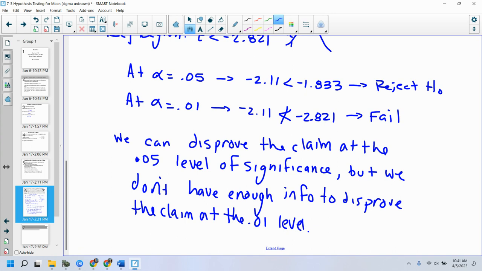Does that make sense? We can disprove the claim at the 0.05 level of significance, but we don't have enough information to disprove the claim at the 0.01 level of significance.